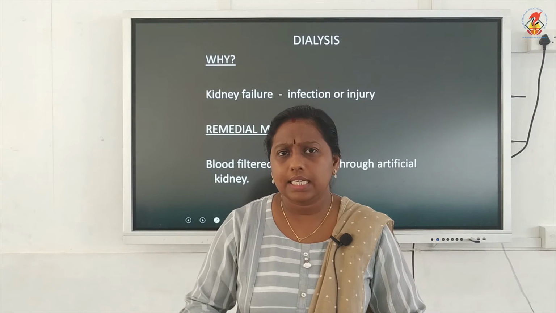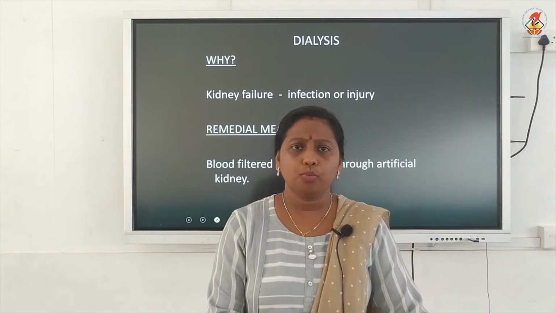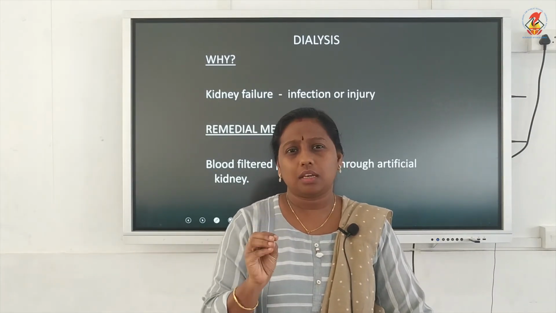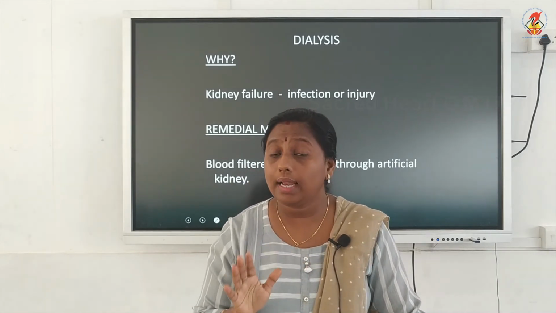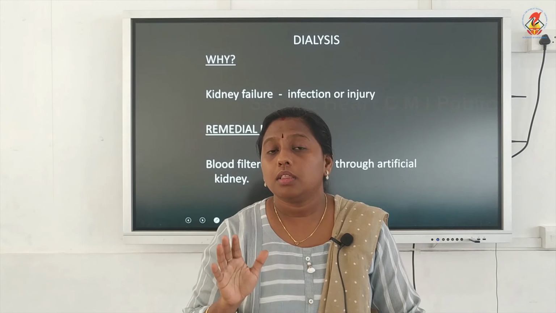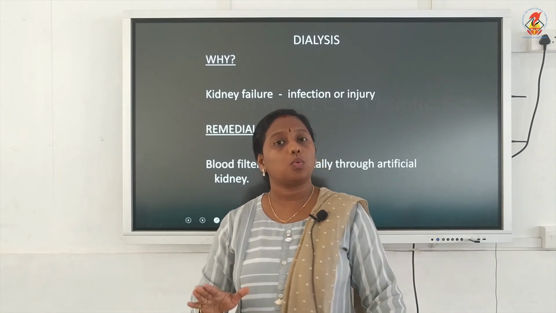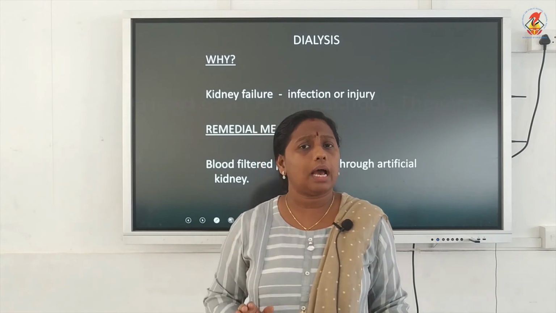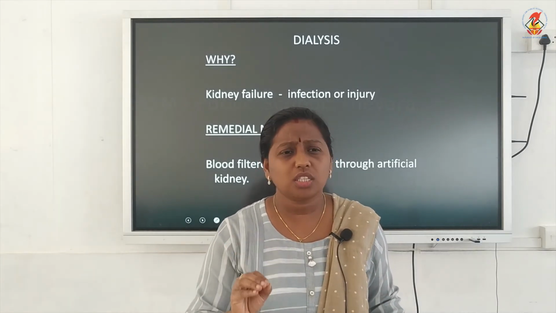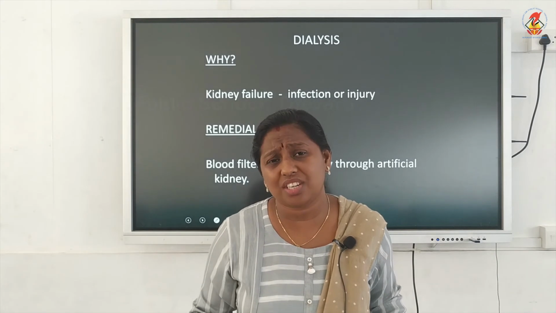Now, you have studied in detail about the excretory system in human beings. Just think, if our kidney is not working, what will happen? The toxic waste will get accumulated in our cells. This cannot happen because these toxic wastes are very dangerous.